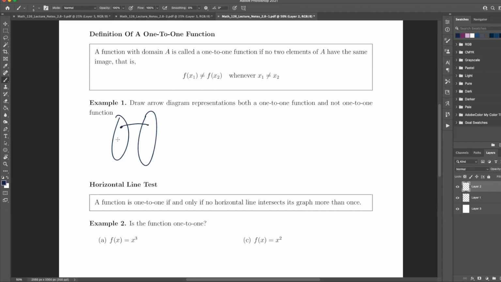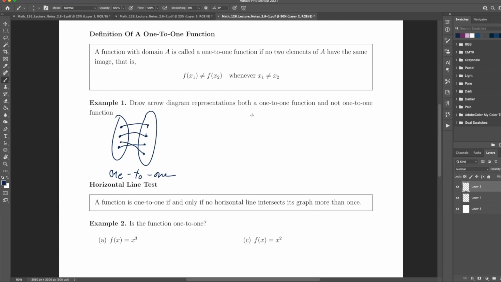All right, so here a function is one-to-one. We'll take elements, and I'll draw an arrow graph diagram. This is a one-to-one function. It takes one element from the domain and sends it to one element in the codomain, and for every element in the codomain or the range, only one element got sent to it.